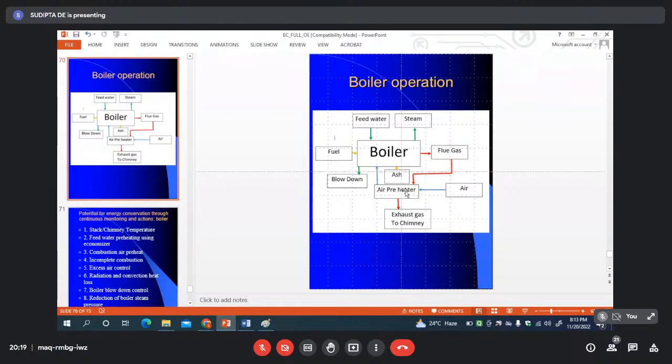So what you are doing in the air preheater is, air is passing through the air preheater from atmospheric temperature. Say today's temperature is around 18 degrees Celsius. If your flue gas is around 200 degrees Celsius, you can put it here, and through the heat exchange process, the air may be heated up to, depending on the heat exchange efficiency, maybe around 100 degrees Celsius.